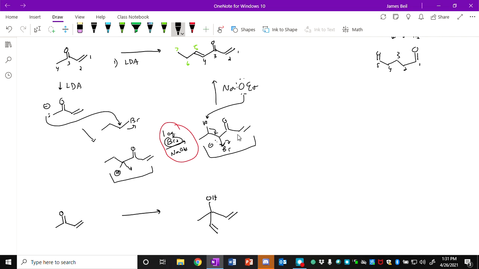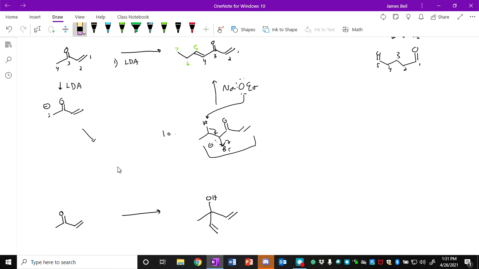So once some product forms there, it's more likely to pick up a second bromine than the reactant is likely to pick up the first bromine. So it's hard to get all of this reactant converted into the product with only 1 bromine attached, because I only want 1 leaving group to then produce the product. So that's a method that could work, but it's probably not the ideal way to make this product in the most efficient, highest yield.